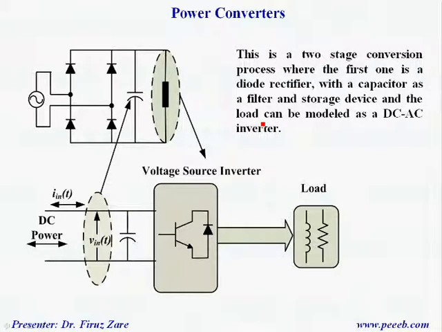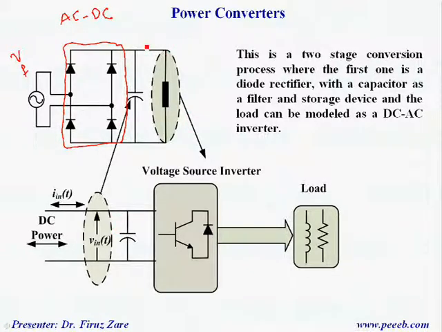Another example is a two-stage conversion process where the first converter is a diode rectifier. If the input voltage is grid voltage, we have an AC to DC converter, and the input voltage magnitude and frequency are constant because this is grid voltage.